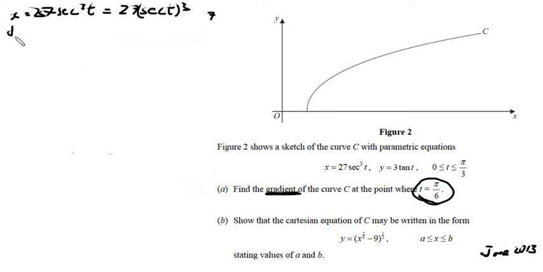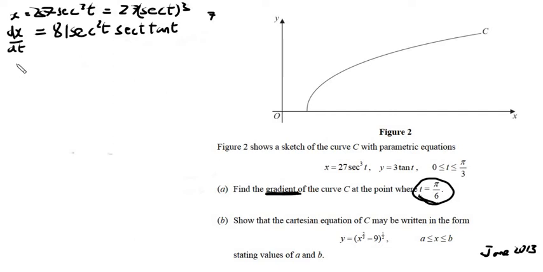So the derivative with respect to t, dx by dt, equals 3 times 27, which is 81, sec squared t, times the derivative of the inside of the brackets, which is sec t tan t.